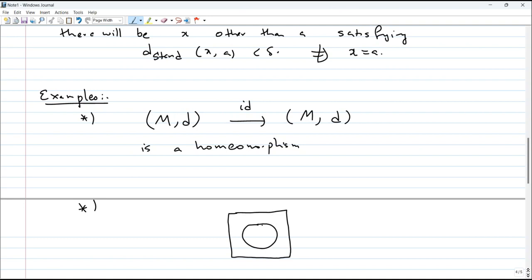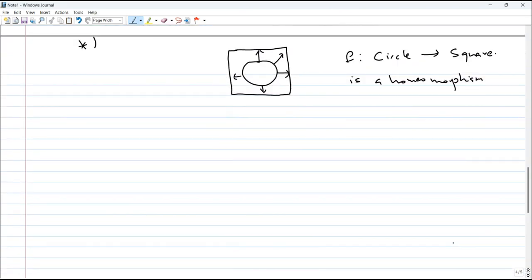Then you can find a continuous function that just stretches this circle into the square, like so. And this function, f from circle to square, is a homeomorphism. So we say the circle and the square are homeomorphic.